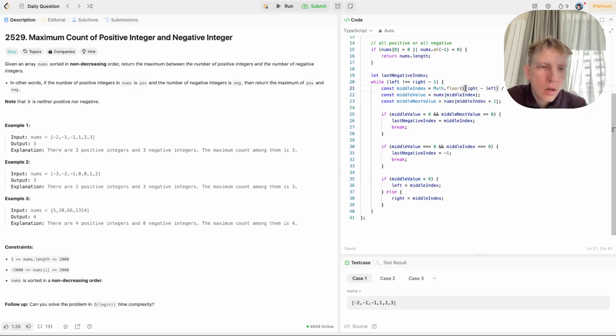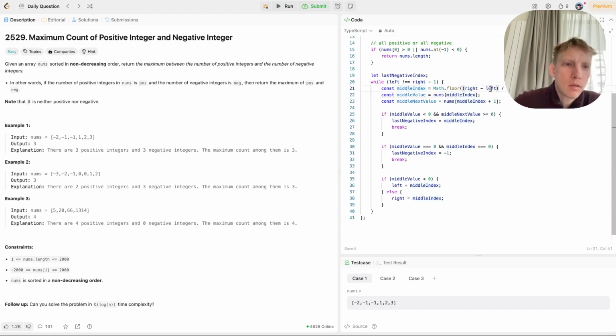After that, 2 divided by 2. Middle index would be 1. Right is 3, left is 1. Right minus left, 3 minus 1 is 2, divided by 2 would be 1. Something wrong with this logic.